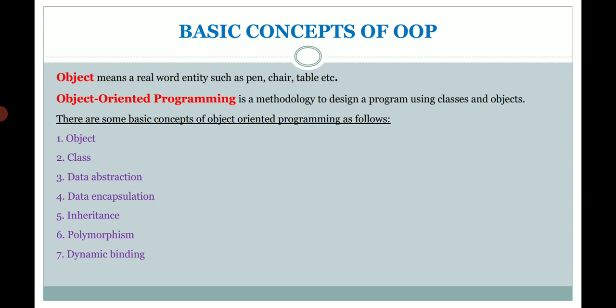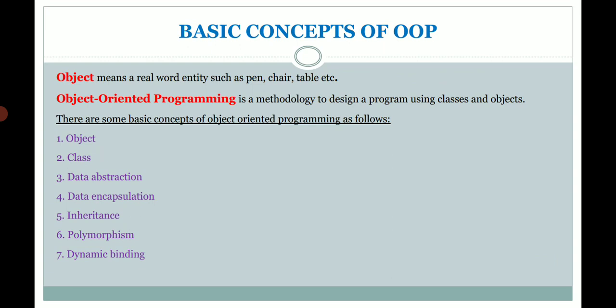First thing is, what is an object? Object means real world entities such as pen, chair, table, anything like that we can call an object. Then what is object-oriented programming?